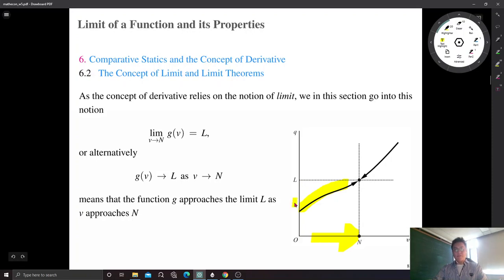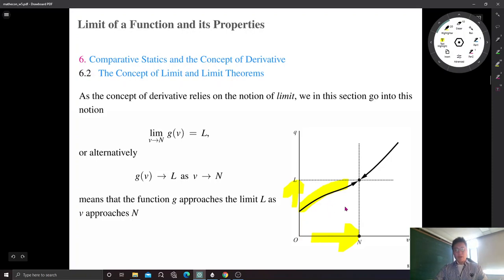So we can see the function is approaching number L as v approaches number n. And alternatively, we can write this as: as v approaches n, function approaches L. So either this way or this way, we can describe this kind of situation.